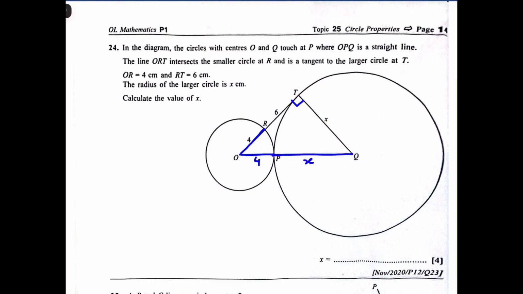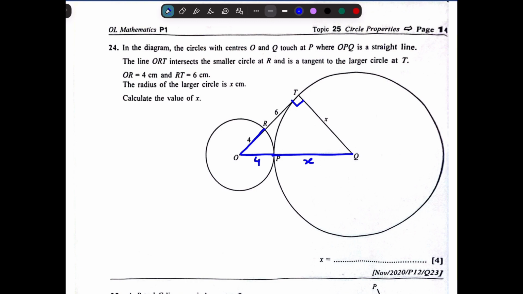They will be equal. So this will be equal to x and x. This is 4 and 4. Now let's focus on the right angle triangle OTQ. Okay, so this side is 10. This is x and this is 4 plus x. And we need to find the value of x.